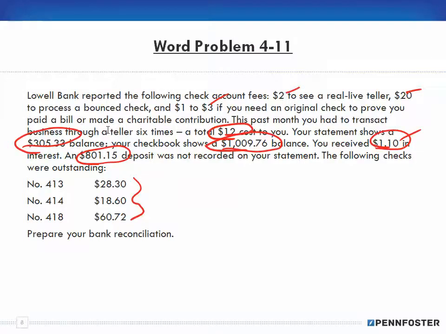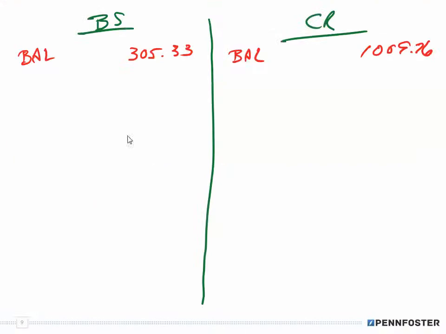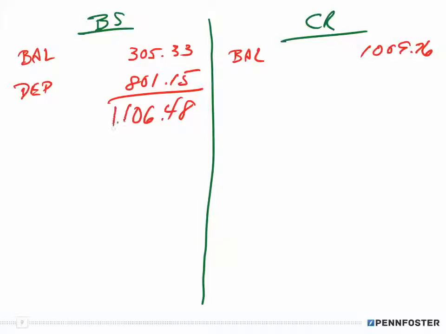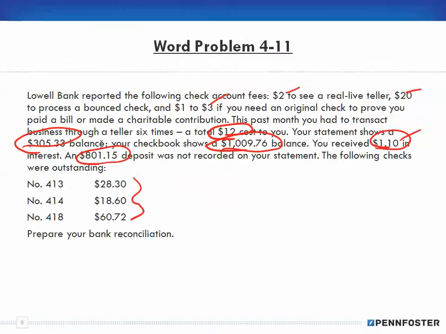Okay, I like doing the bank side first, so I have a deposit of $801.15. That's still in transit. And I believe that was the only thing that was in transit, so that's $1,106.48. Okay, now let's go with the deductions.